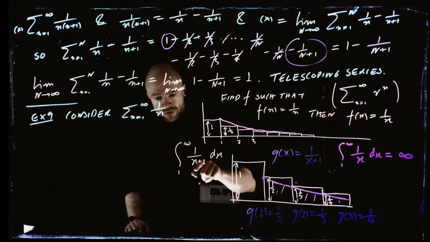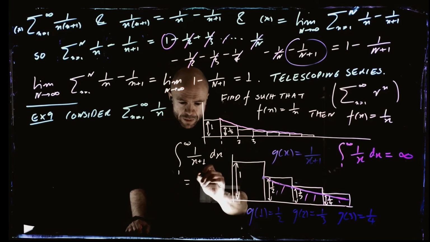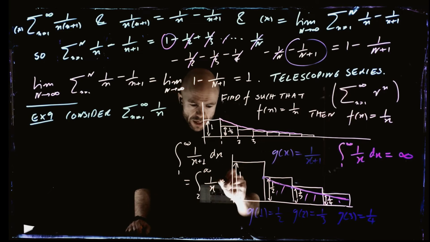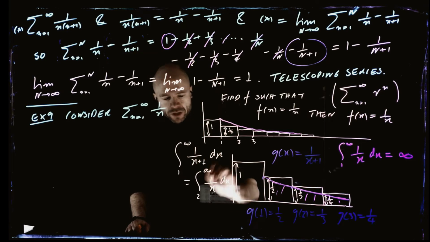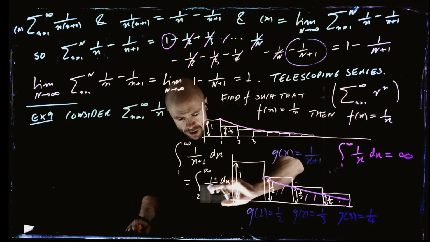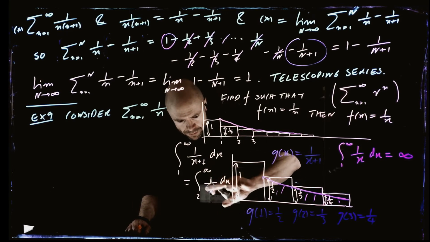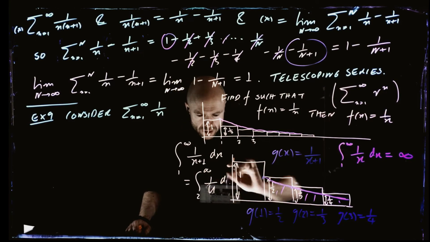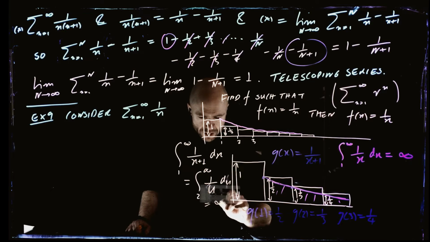We can just change variables, and that thing is the same as the integral from 2 to infinity, 1 over x dx. Just do a u substitution. Actually, let's call it u, since we're implicitly doing a u substitution. And that thing is infinity, yeah?